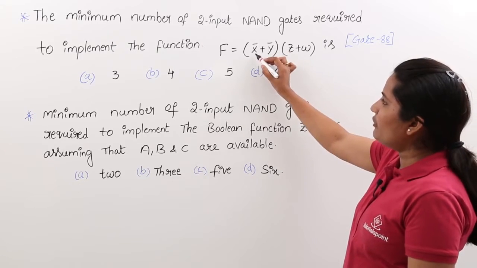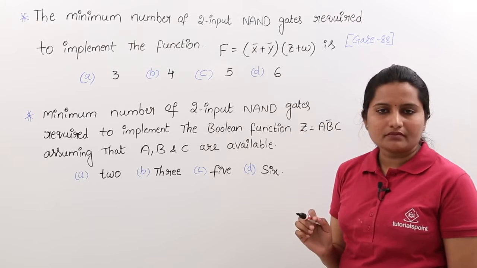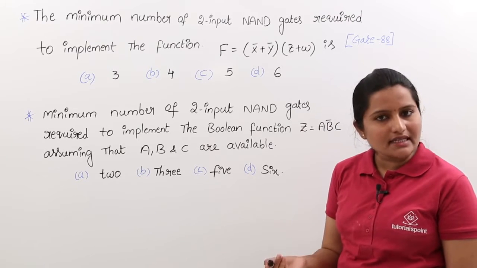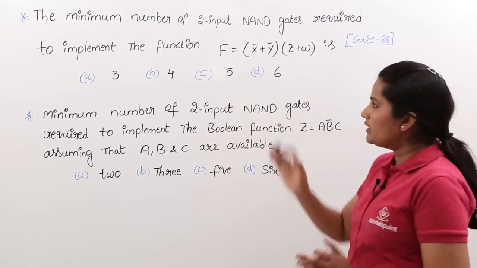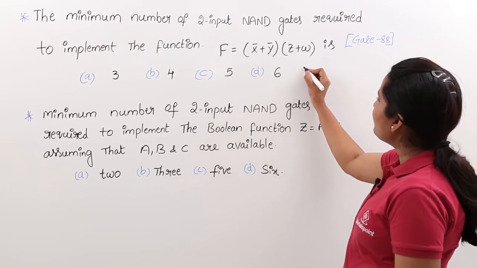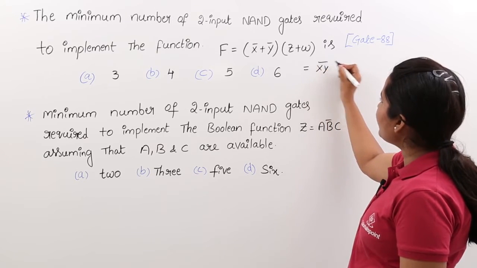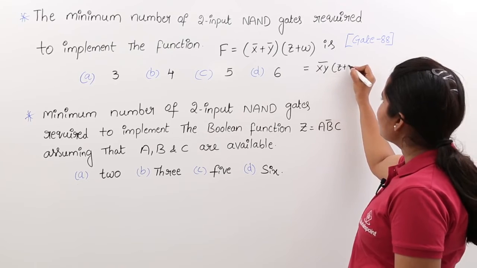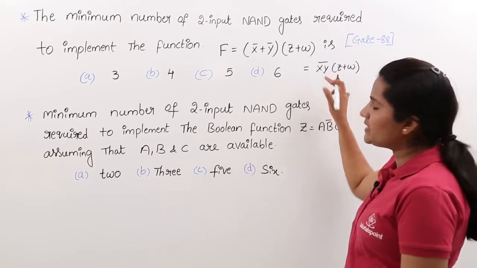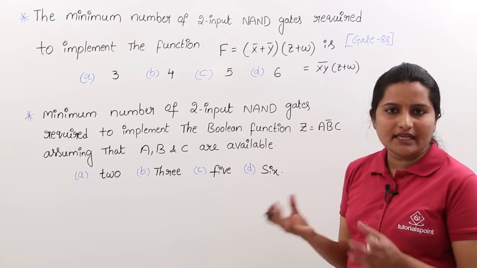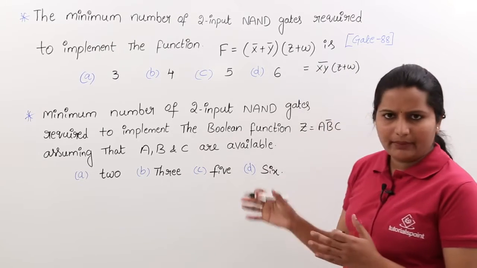Here we can apply De Morgan's theorem: (xy) whole bar is equivalent to x bar + y bar. So by using De Morgan's theorem, we can write this as (xy) whole bar into (z + w).